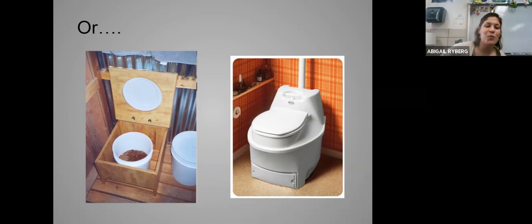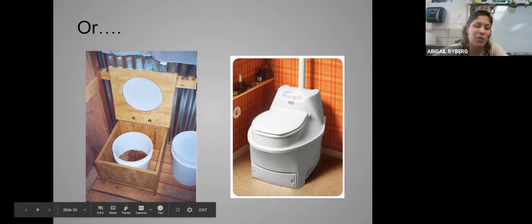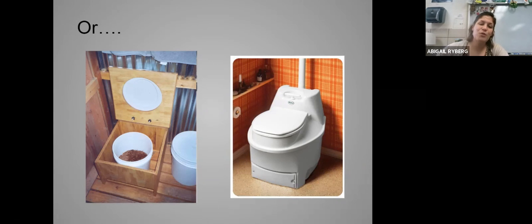On the farm when I lived in the teepee for a number of months, like 8 months, we had what you see here: we pooped and peed in a 5-gallon bucket. Every time you went to the bathroom, you dumped a scoop of wood chips on the poop or pee, and it absorbed scent. So honestly, it didn't smell.